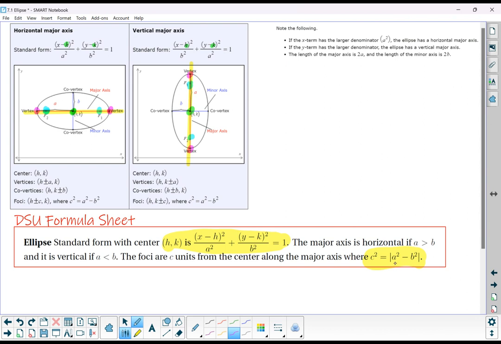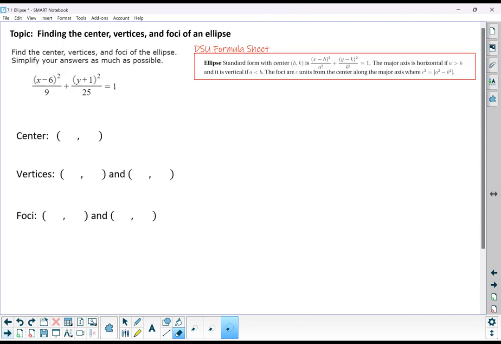If a is the major axis, then a squared minus b squared is going to be positive anyway. But I just always put the larger one minus the smaller one, and that gives me a positive number. So I have c squared equal to a positive number, and then I can take the square root. So you do see absolute value signs on the formula sheet, but that's just because you need a positive number so you can square root it to find c. So that's sort of the idea of what we're doing. Now we're just going to practice doing that.